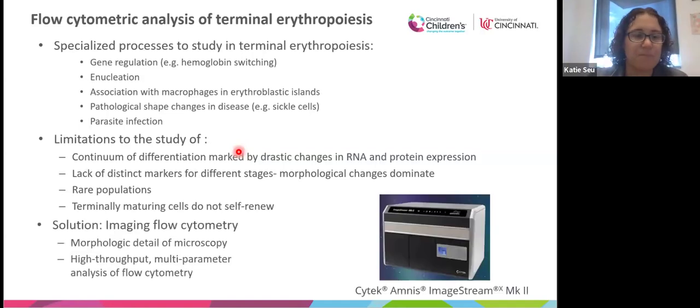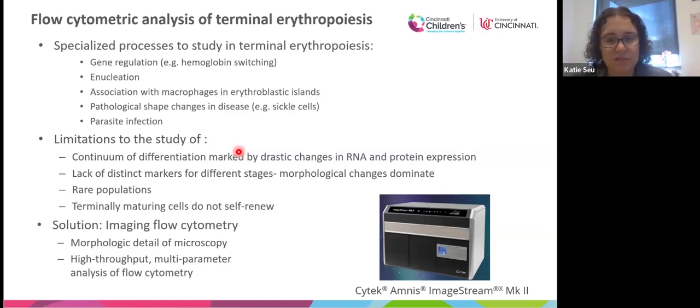So the solution that we've found for our research has been imaging flow cytometry, a really good, happy medium for this. So you get the morphological detail from microscopy and the high throughput multi-parameter analysis that you get from flow cytometry.